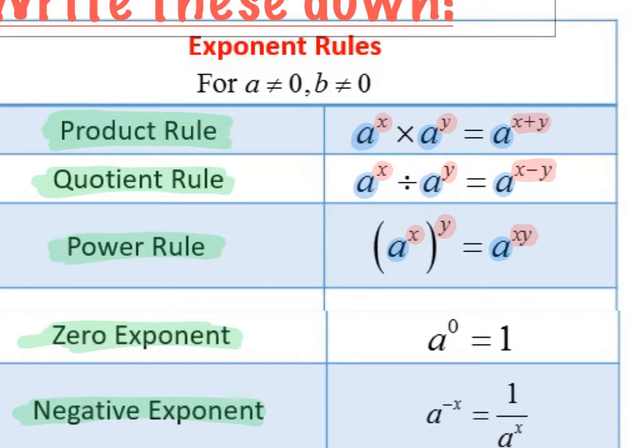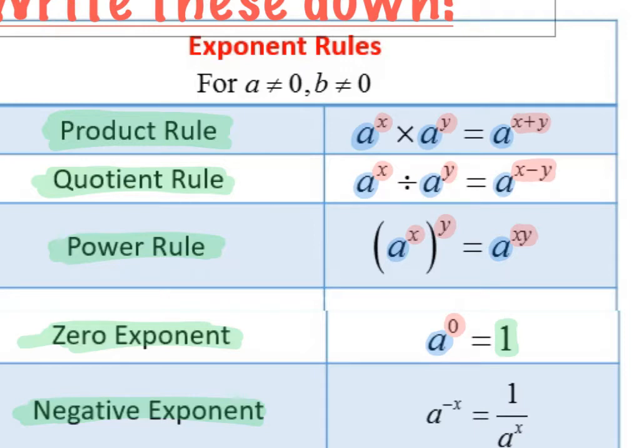The zero exponent: anything, a to the 0 power, is just equal to 1. Please make sure that you understand this rule fully. I've tried to explain it this way: if we have 0 a's, I should not see a single a in your answer, at least for that part, because keep in mind there could be a lot more things going on.